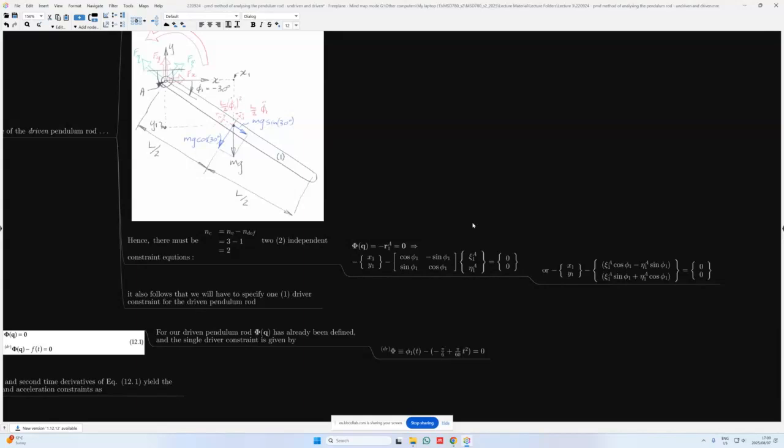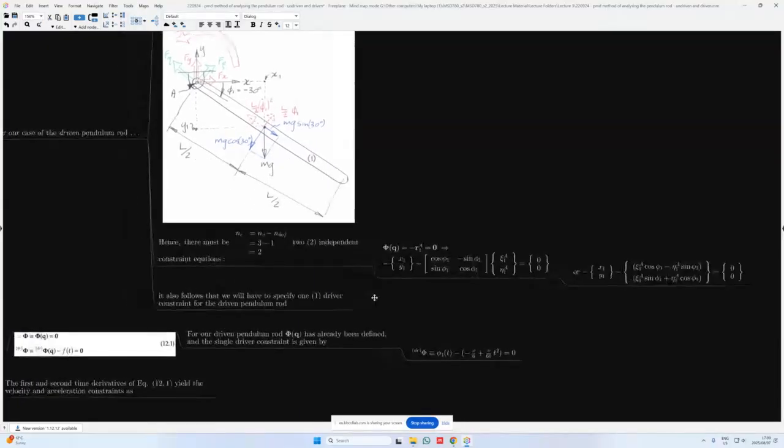So once again, a lot of mathematics goes into a very simple mechanism that we have over here. It's not even a multi-body mechanism. We're essentially working with a single body mechanism over here. But even in this case, the constraint equations are not very trivial to find.